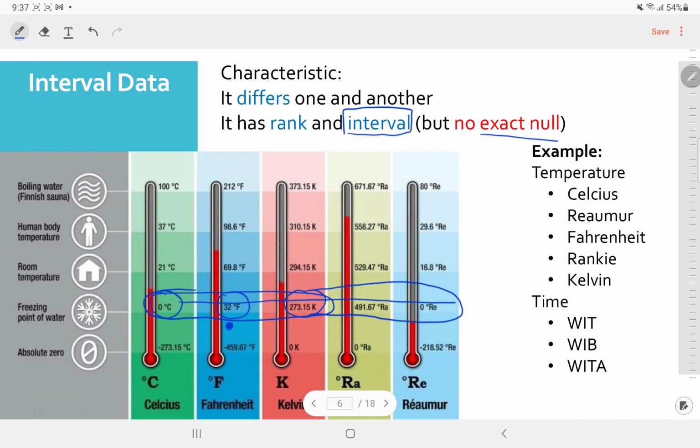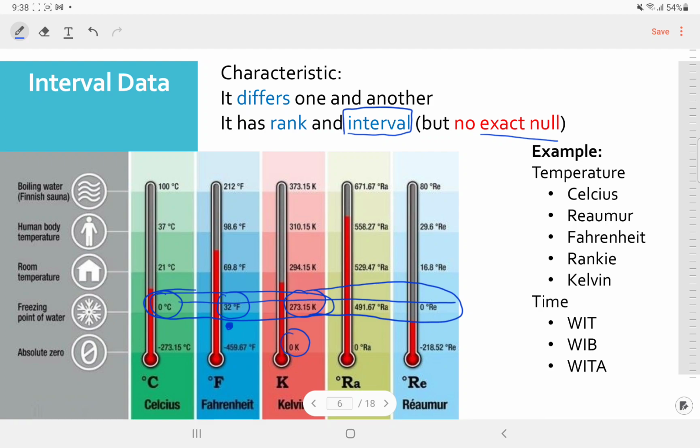But if we just focus on the 0 point, 0 in Celsius degree will be different from 0 in Kelvin degree if we boil water, right? So this means that the null or 0 points here are not exactly the same, but they all have an interval. So that's why we call them interval data.